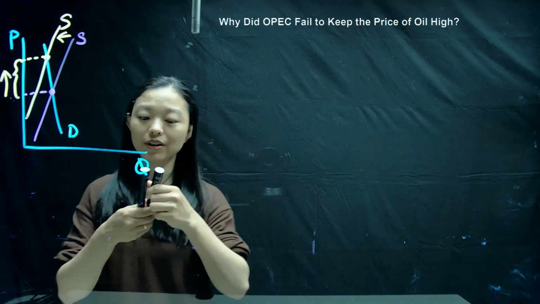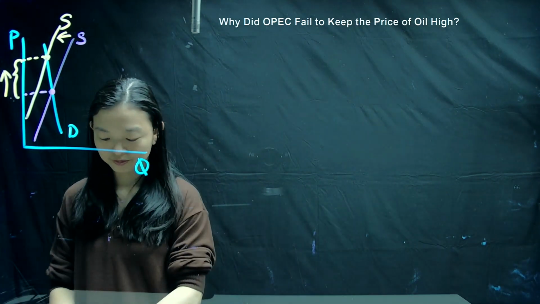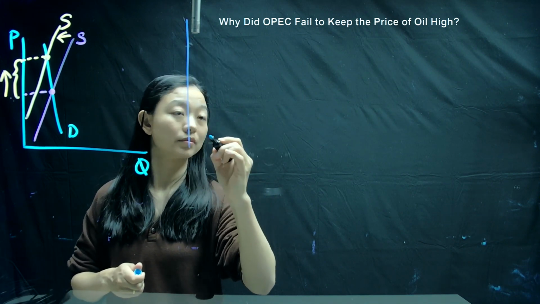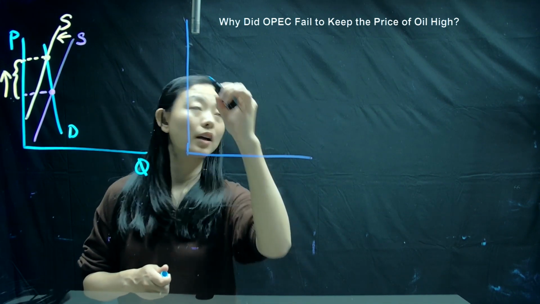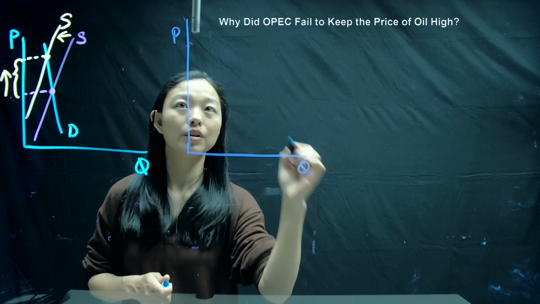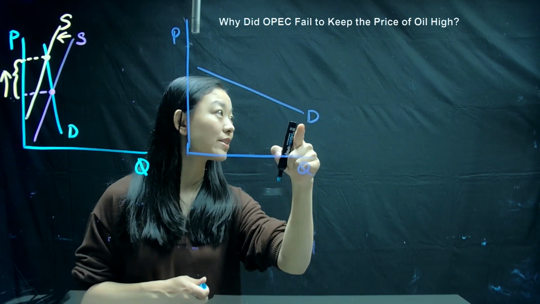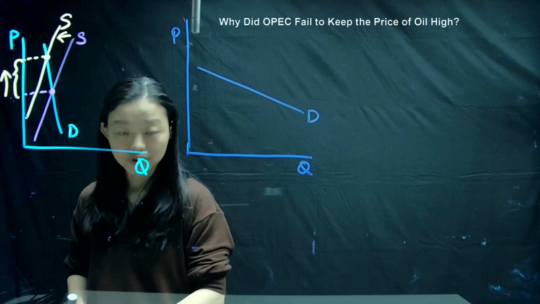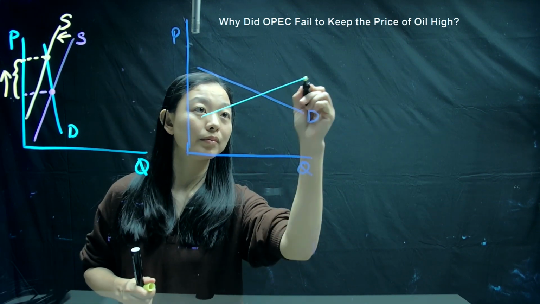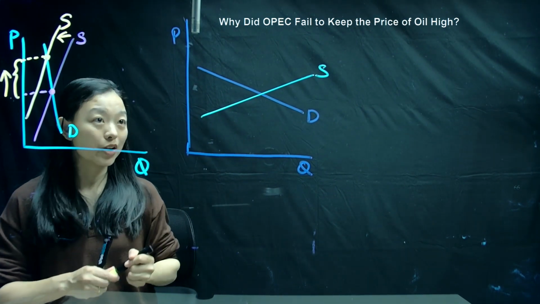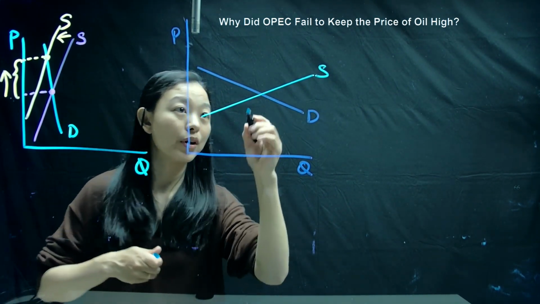I will just draw a graph here. I put the price and the Q here. In the long run, the demand will become elastic. The supply will become elastic as well. Therefore, once OPEC cuts down, this is the original price.